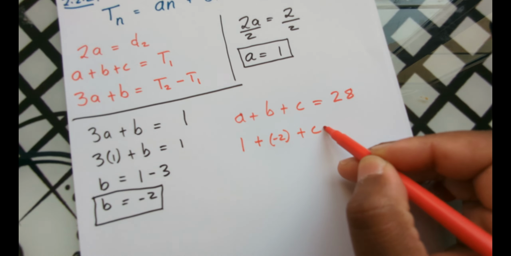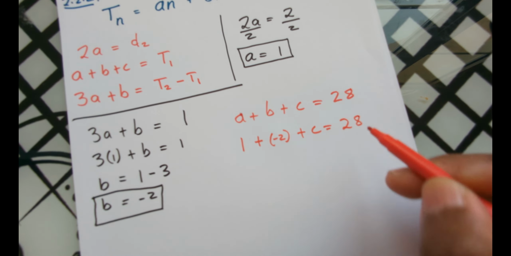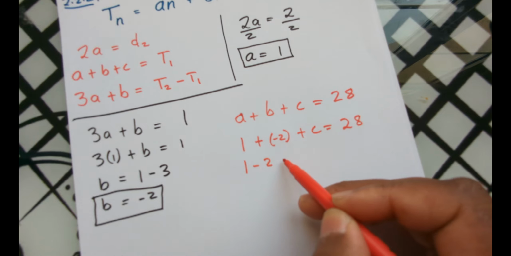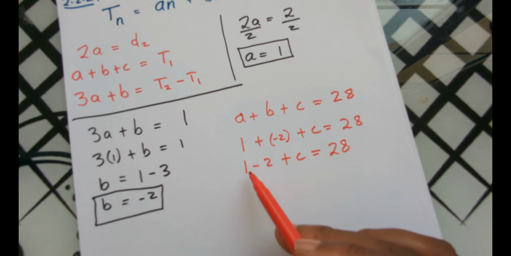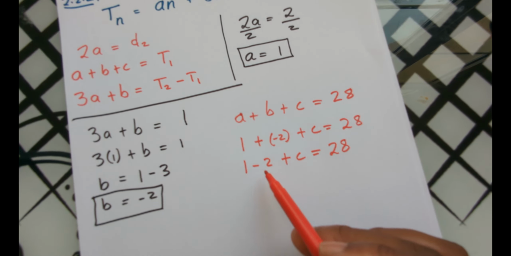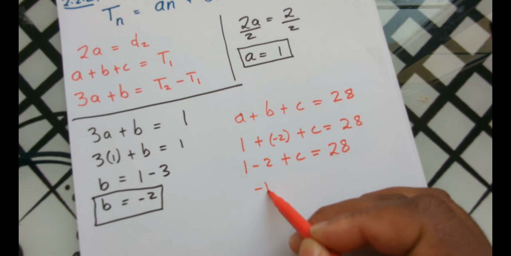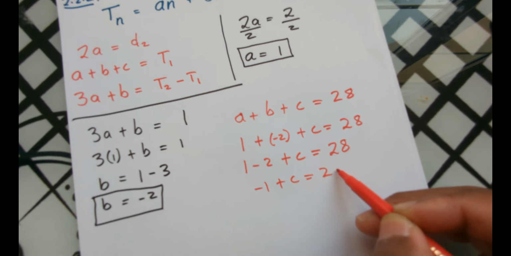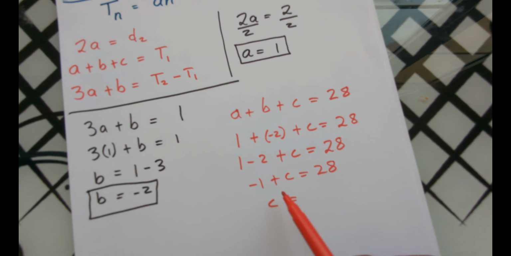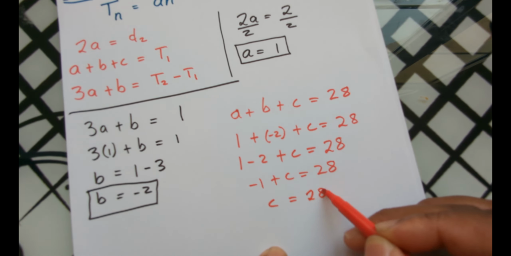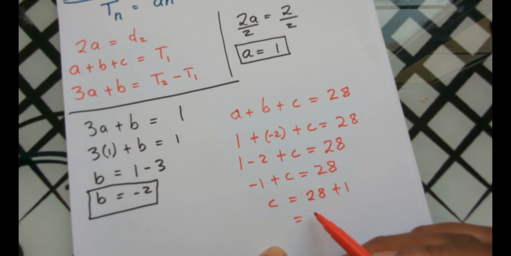We need to find the value of c. So this is 1 minus 2 plus c is equal to 28. 1 minus 2, that's negative 1 plus c. So negative 1 plus c is equal to 28, which implies that c will be 28 plus 1, which is equal to 29.